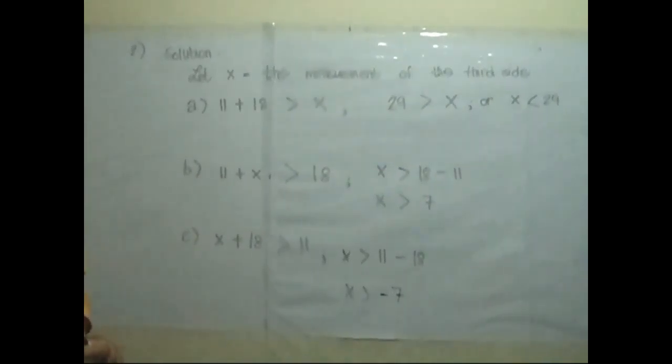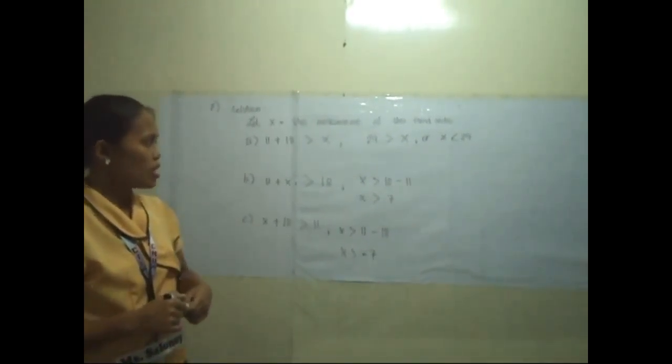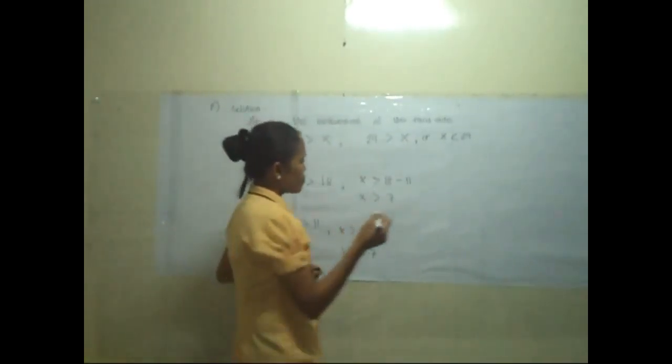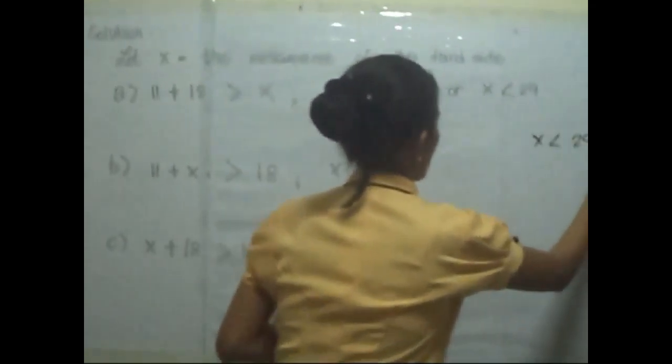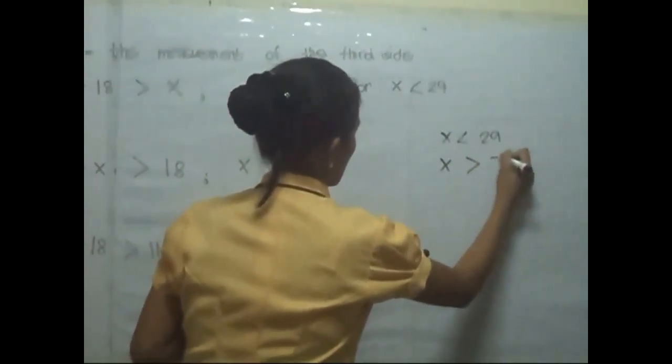Since there's no side that is negative, we will need to focus on the intersection of these two inequalities. So we have x is less than 29 and x must be greater than 7.